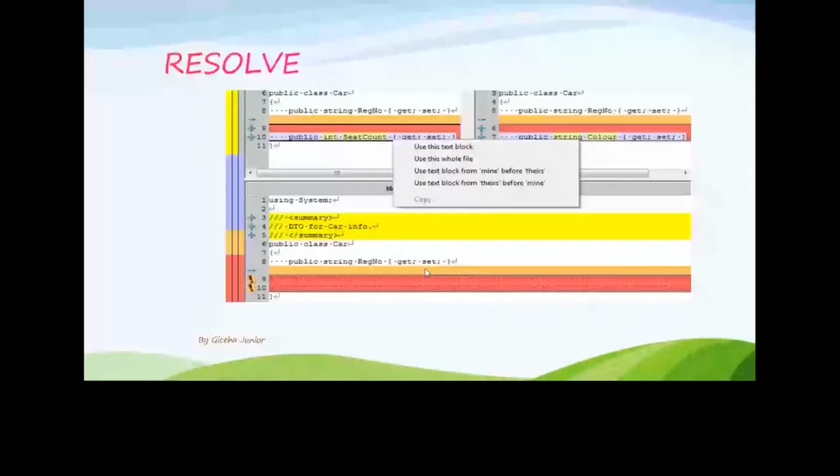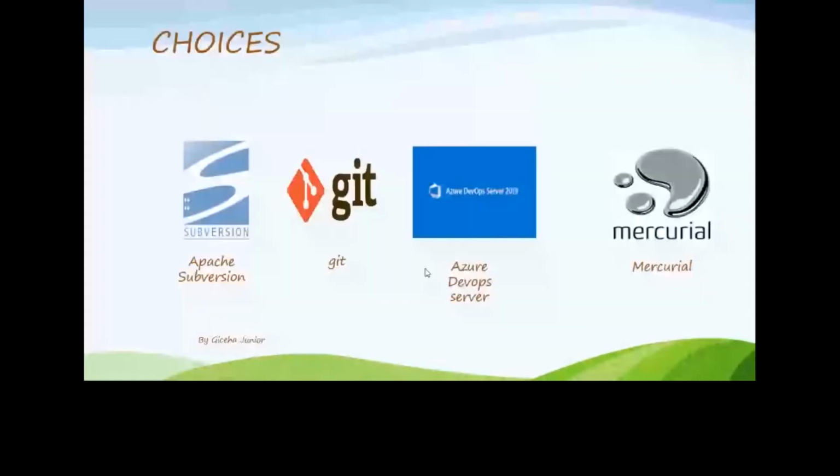Then let us come to the choices you can have when doing version control. Version control is a wide ground in development, because you may have different choices when managing your application or your code.